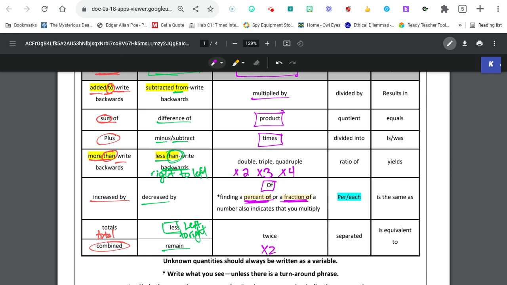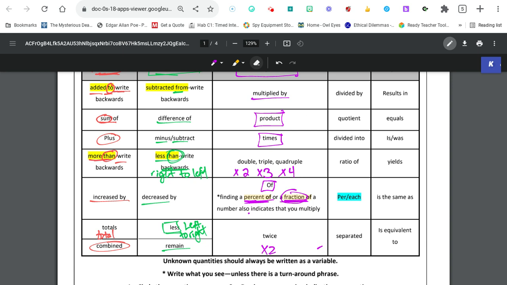So if I ask you what is 2/3 of 12, it just means 2/3 times 12 because 2/3 is a fraction. So it's a fraction of. Okay, so that means multiply. We end up with 24 over 3, which is 8, guys. It may not have the word fraction, but it may have an actual fraction in front of the word of.